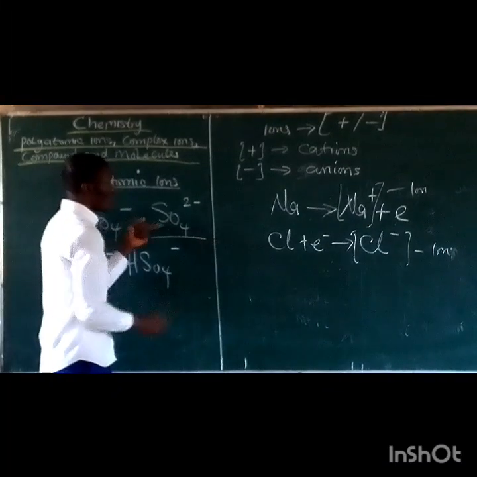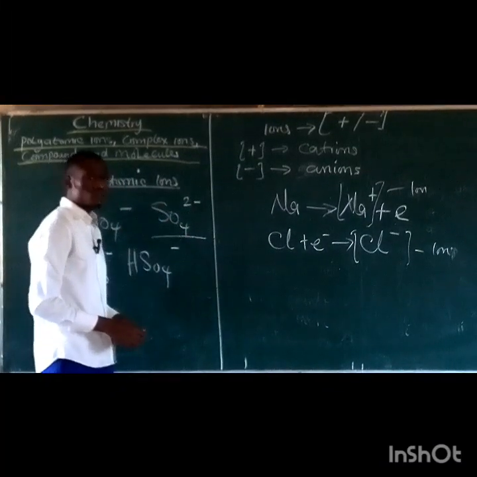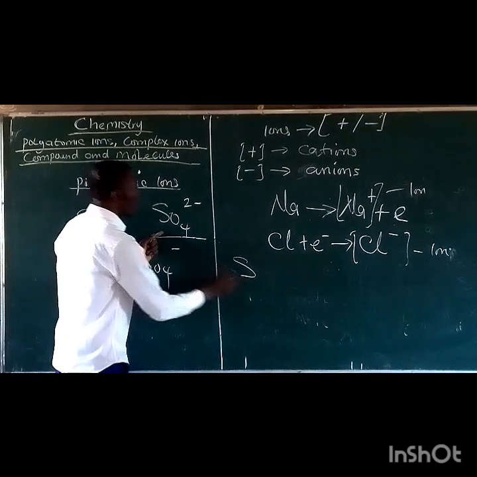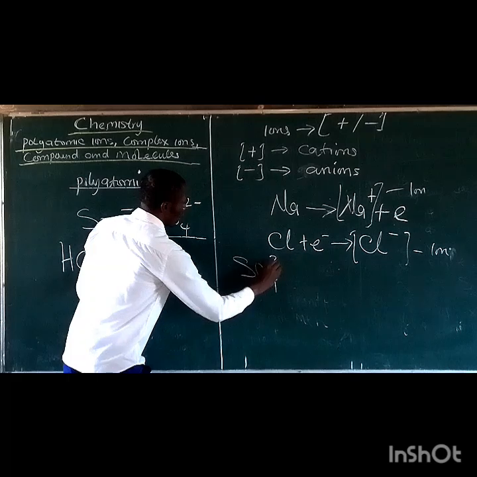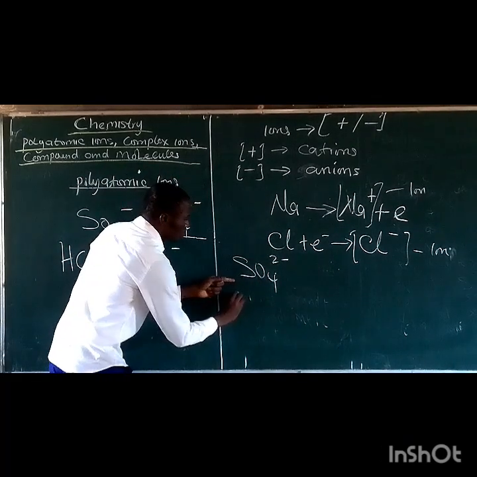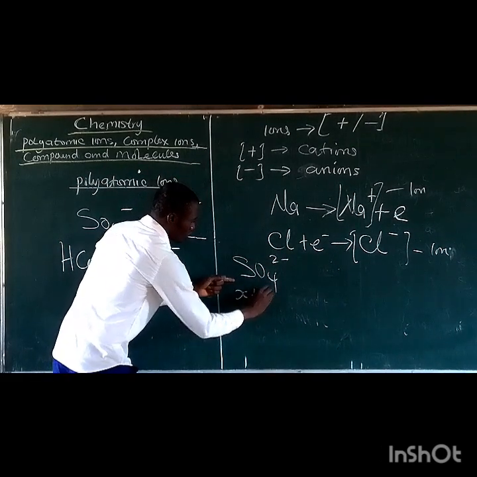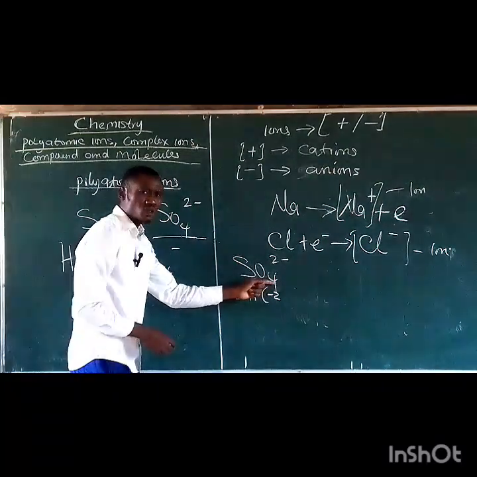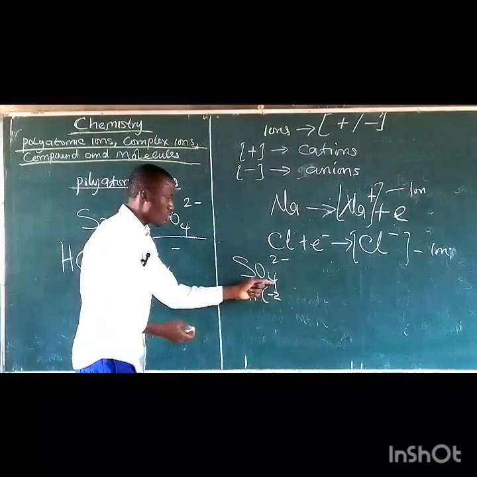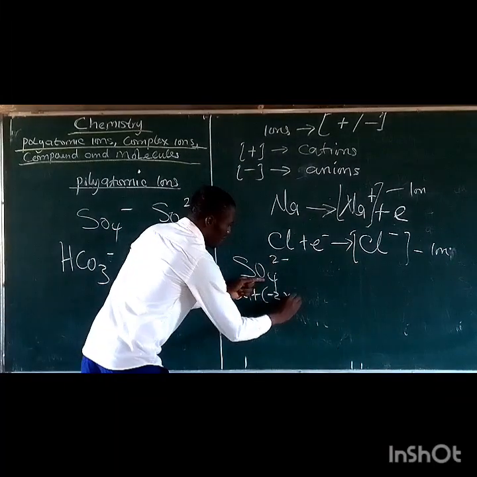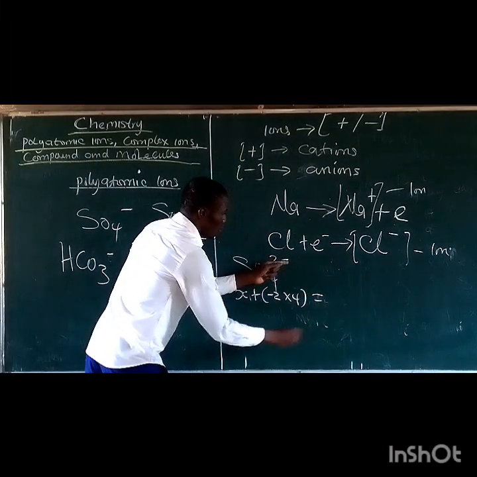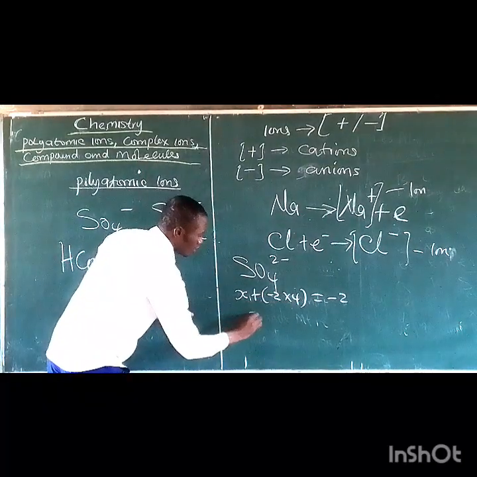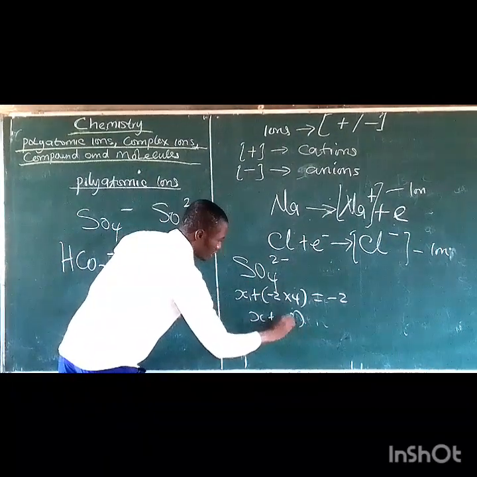Well, what is the name of this, SO4 2-? We need to know the oxidation number for sulfur. To find that, you make sulfur X, plus oxygen. Oxygen is -2, and we have 4 atoms of oxygen here, so I'm multiplying by 4, which is equal to -2. -2 times 4 gives me -8.